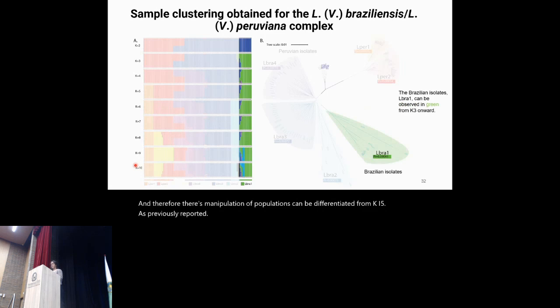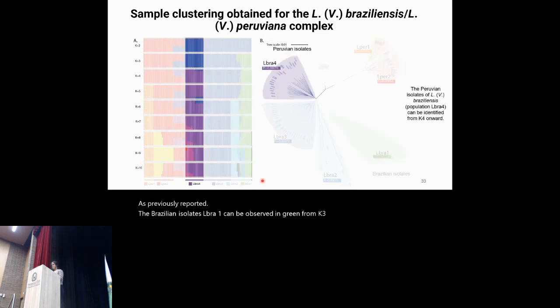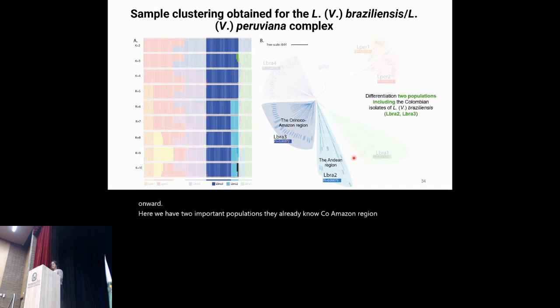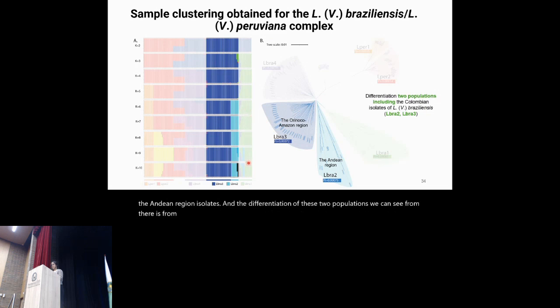The Brazilian isolates, LBR1, can be observed in green from K3 onward. The Peruvian isolates of Leishmania braziliensis, population LBR4, can be identified from K4 onward. Here we have two important populations, the Orinoco-Amazon region isolates and the Andean region isolates, and the differentiation of these two populations we can see from K6 onward.